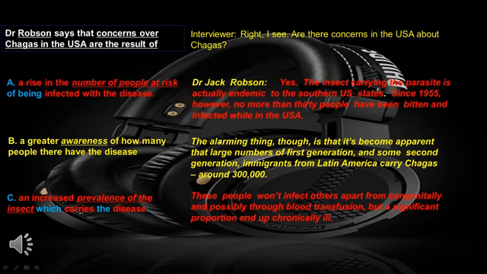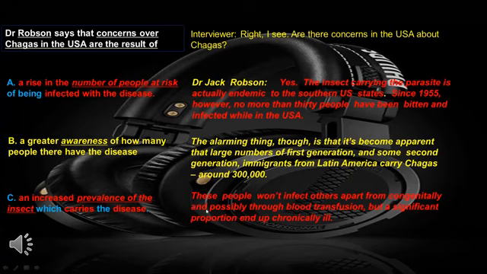If we continue, the alarming thing is that it's become apparent that large numbers of first generation and some second generation immigrants from Latin America carry Chagas. There is no information fitting with the first answer.